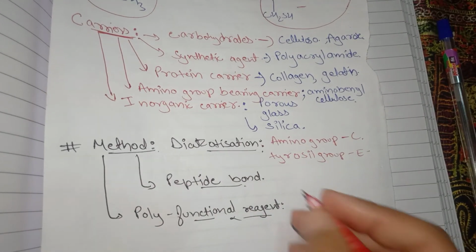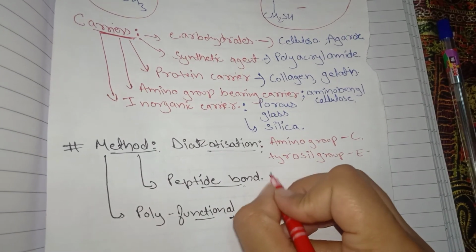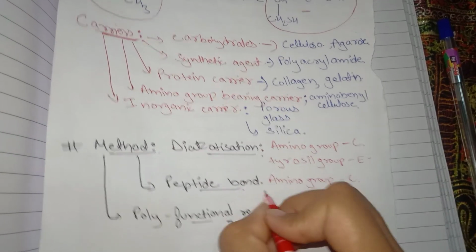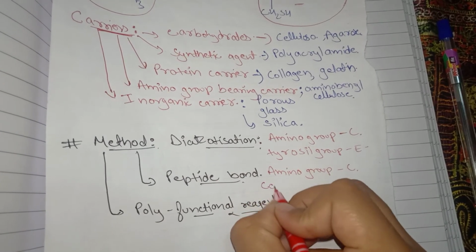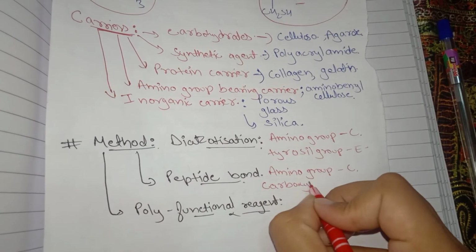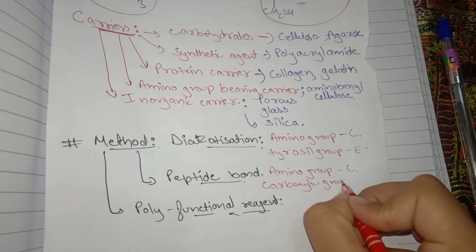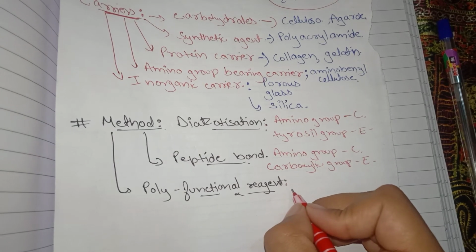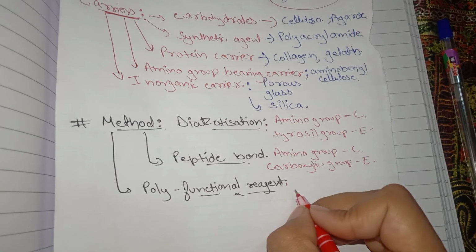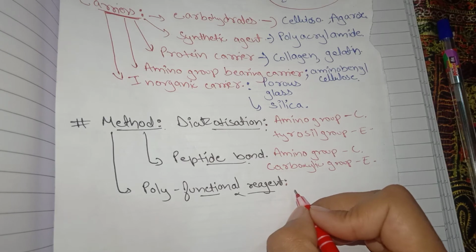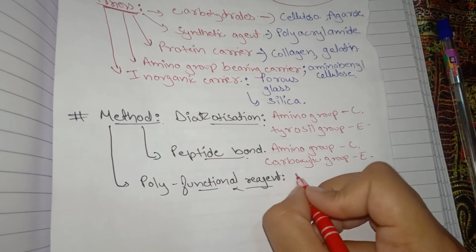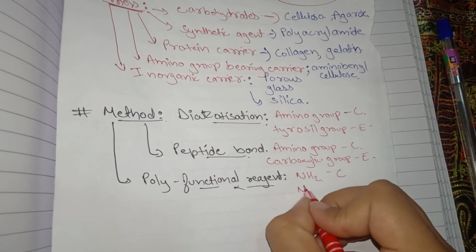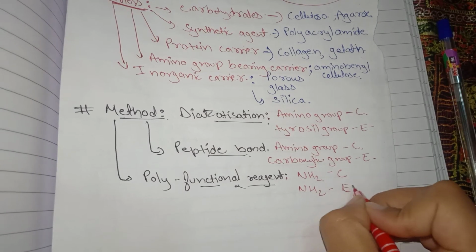Whereas in peptide bond, there is bonding between amino group of support and carboxylic group of enzyme. Whereas in polyfunctional reagent, there is a use of bifunctional and multifunctional reagent. There is a bonding of amino group of carrier and amino group of enzyme.